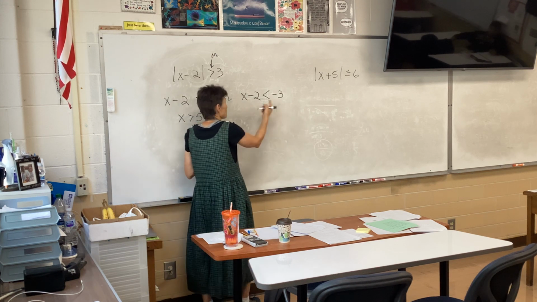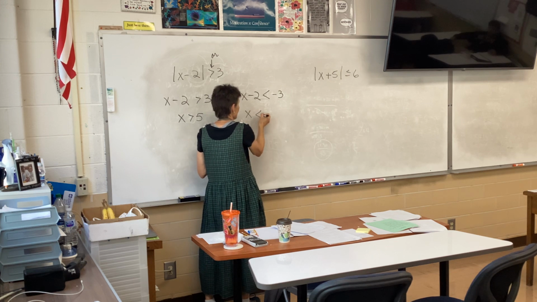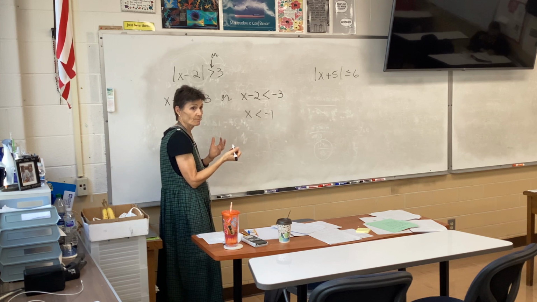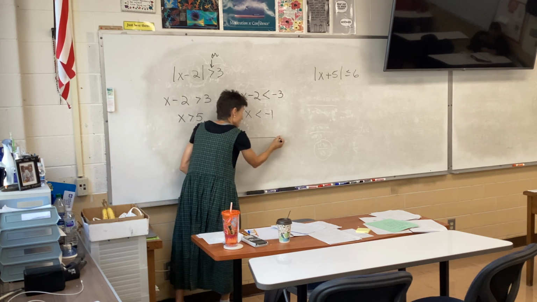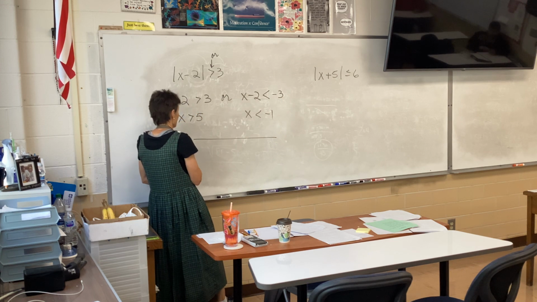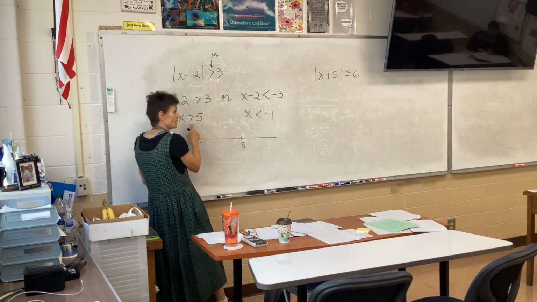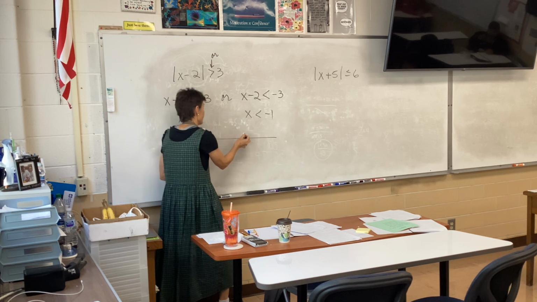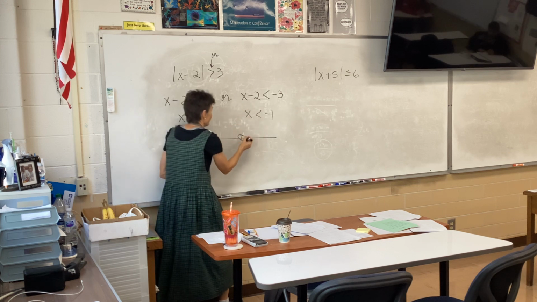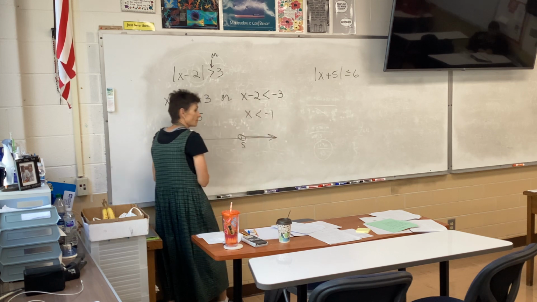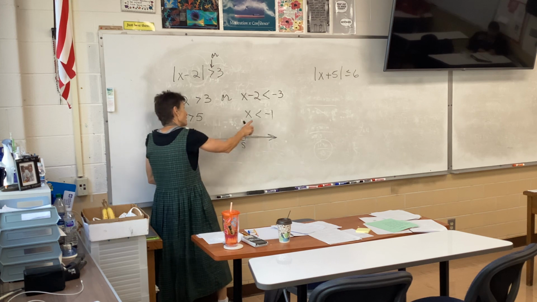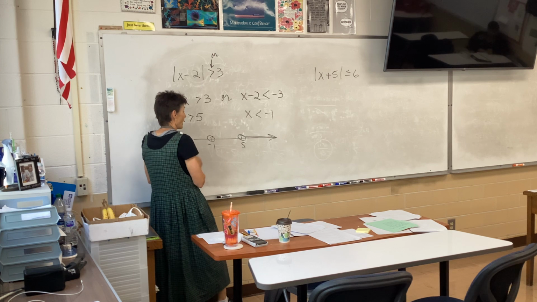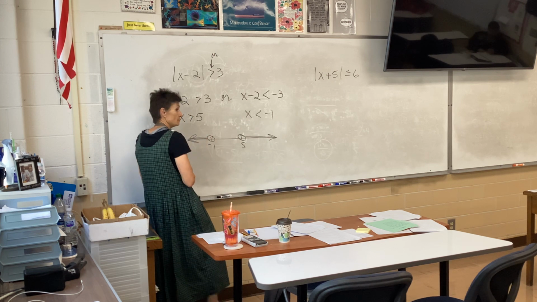And then we add 2 to both sides, and it says x is less than -1. Then we go to our number line, and here's 5, open dot, shaded greater than 5 this way, and then on the same number line, -1, open dot, shaded this way.